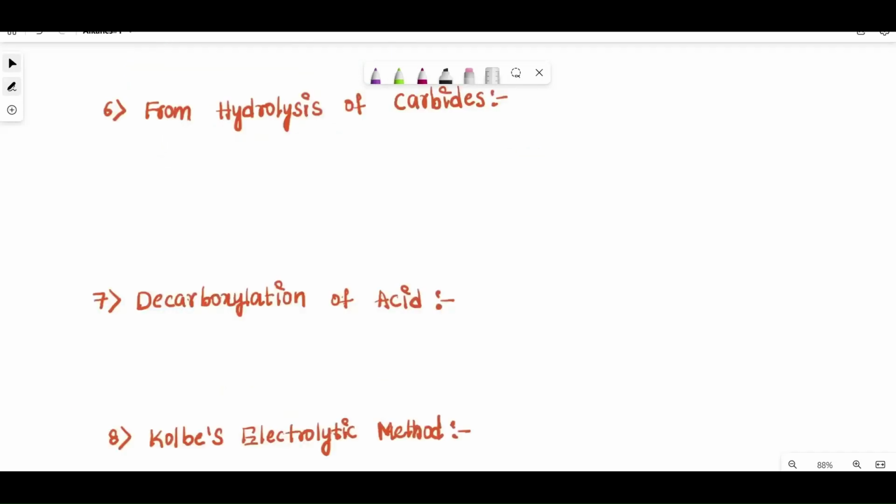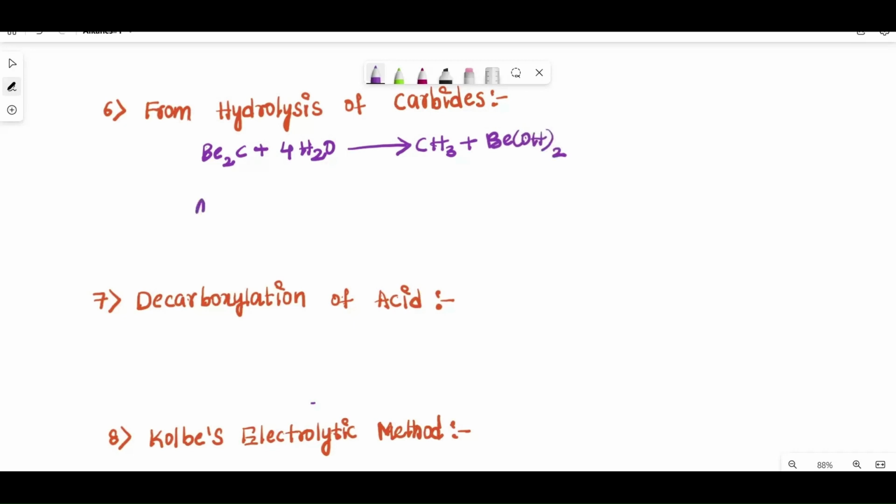Let's see another method. That one is the sixth one, hydrolysis of carbides. Here we have only two reactions. I will explain those two. Be2C plus, in the presence of water, we will get methane plus Be(OH) taken twice.